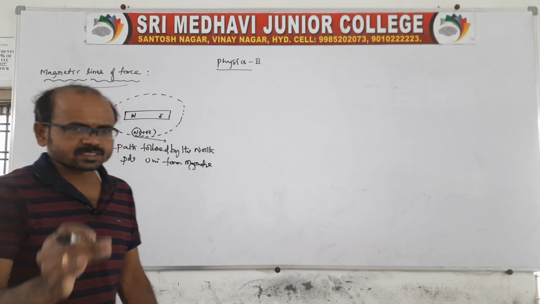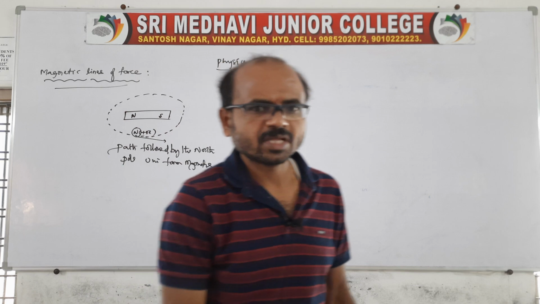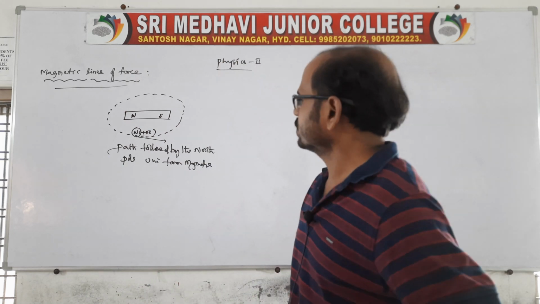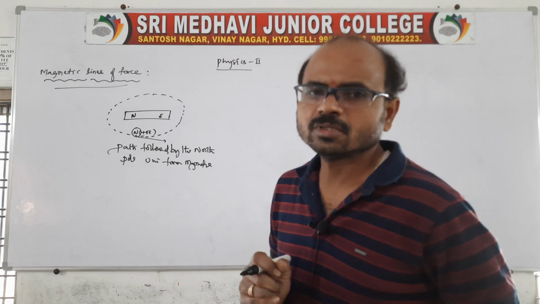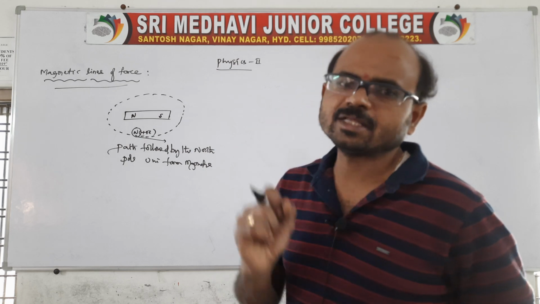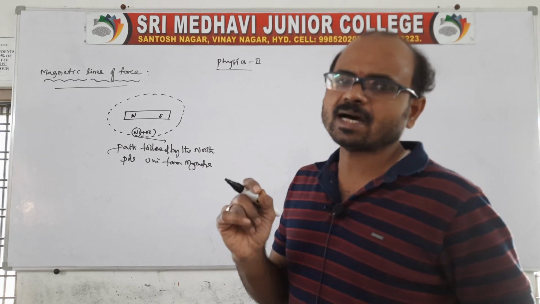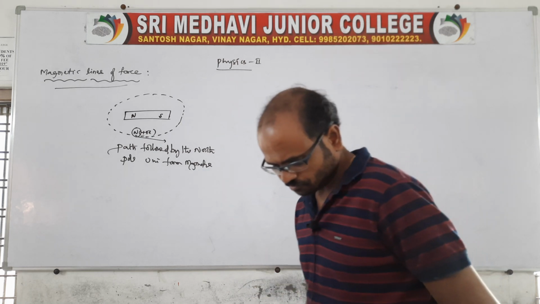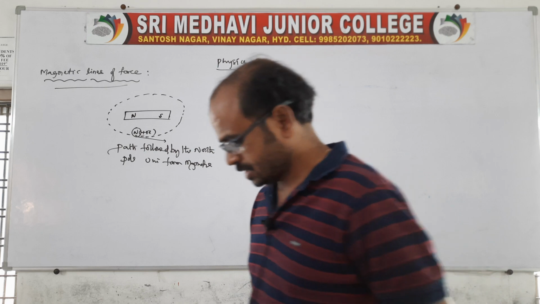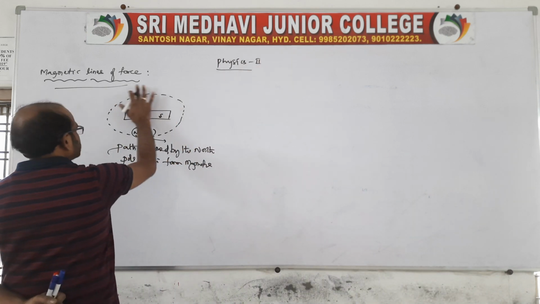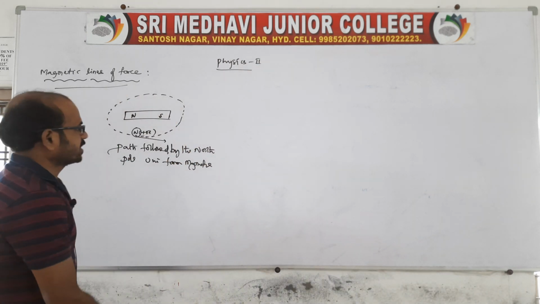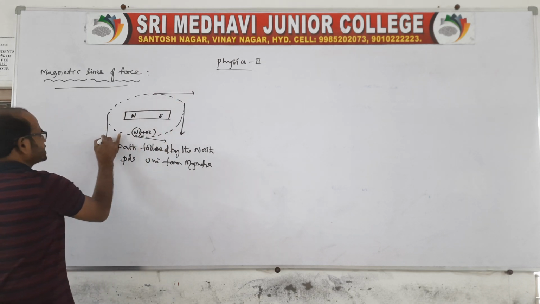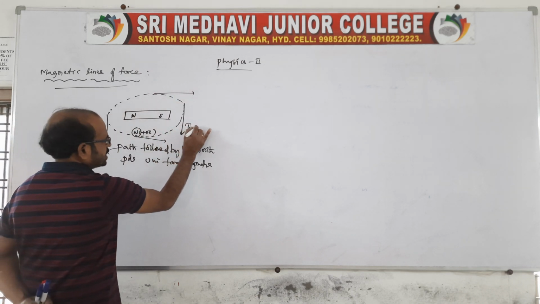So the magnetic lines of force are nothing but, in a given field, if a unit north pole is placed, the path followed by that unit north pole, which we can call the magnetic line of force. Now, in this given field, if a tangent is drawn anywhere, this is the tangent, right?